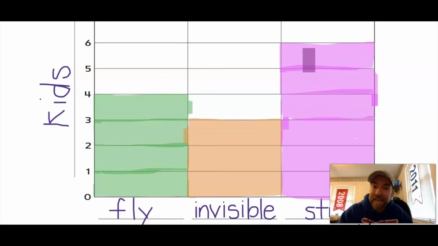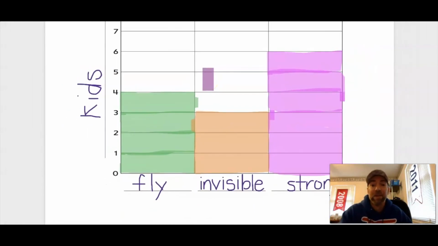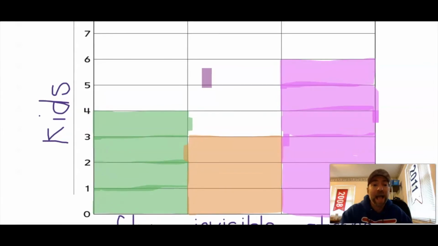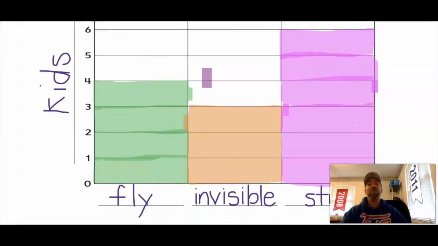Now, I can answer some questions looking at my bar graph. When I look at my bar graph, I'm able to tell how many kids voted to fly. I can count 1, 2, 3, 4 voted to fly. And then I can look to see how many voted to be invisible.